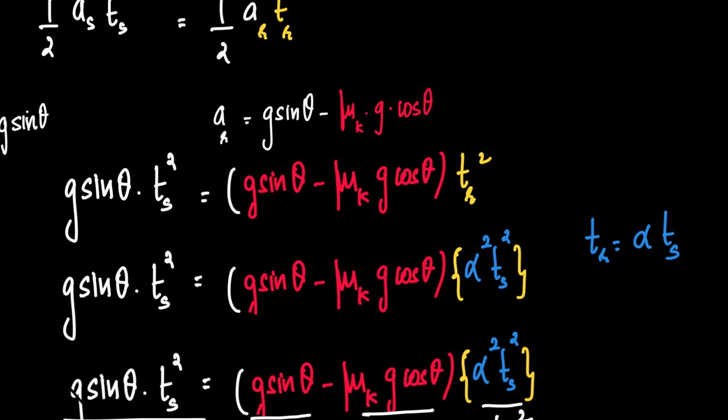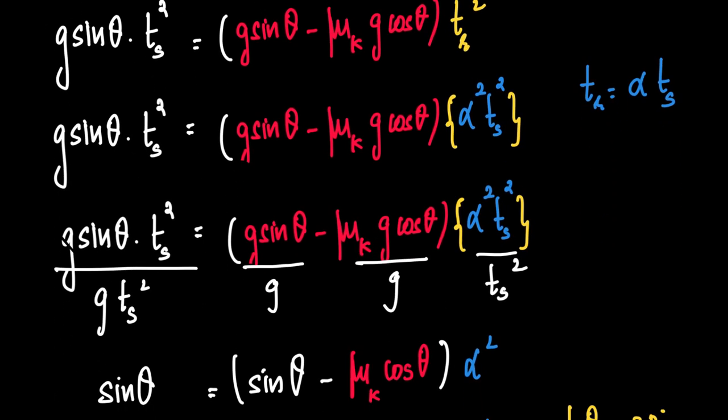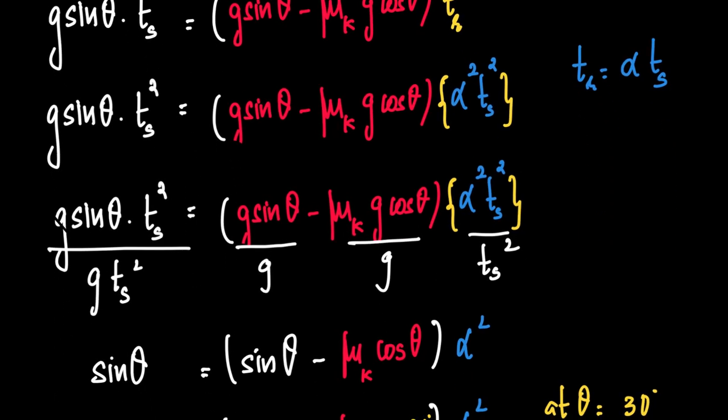What is TR square? Alpha square Ts square. Every other parameter remains the same. Now throughout this equation, I will divide by g into Ts square, so Ts square by Ts square is 1 and g by g is 1.